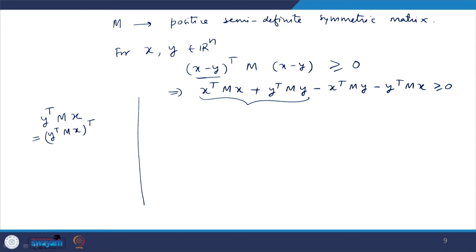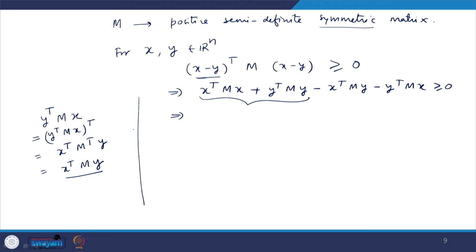So, it is equal to x transpose M transpose y, and M is also a symmetric matrix. Symmetric means M transpose is equal to M. So, this is equal to x transpose M y. That means this is equal to this.